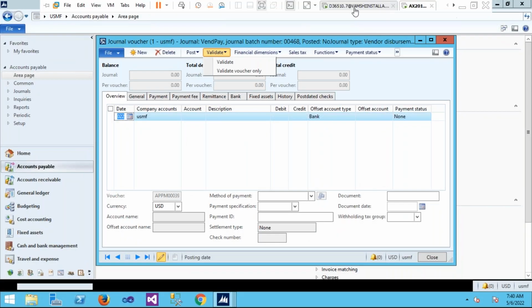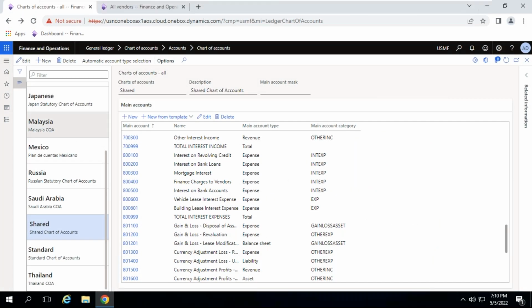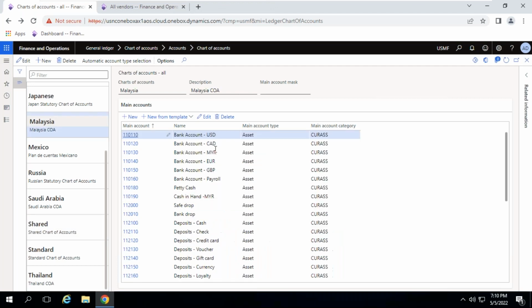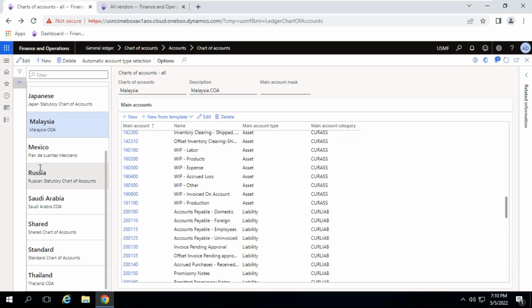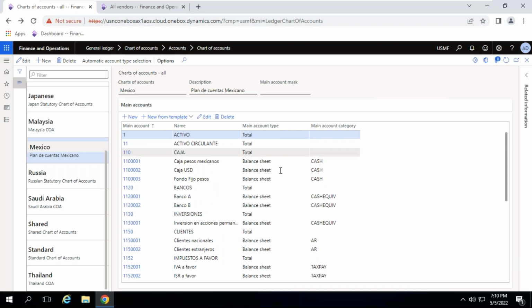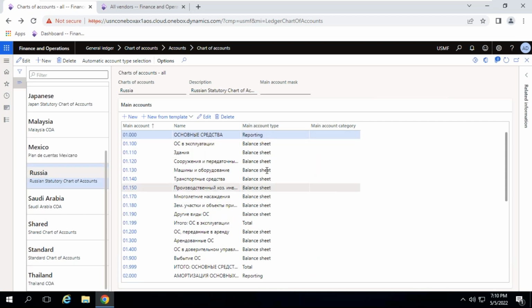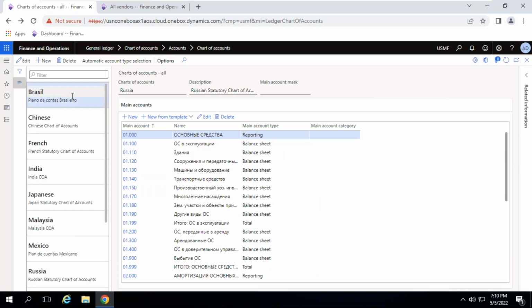suppose if you go here, suppose Malaysia, chart of accounts is also the same. Look at this one. Majority companies in Malaysia are following like this. Mexico and Russia, of course, they are using asset and liability. They are not using balance sheet directly. So country to country, it will vary.